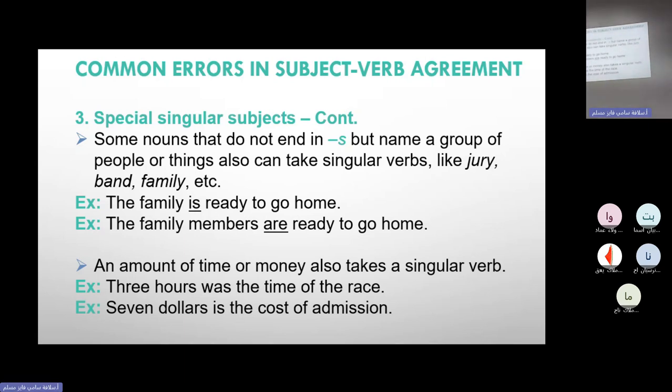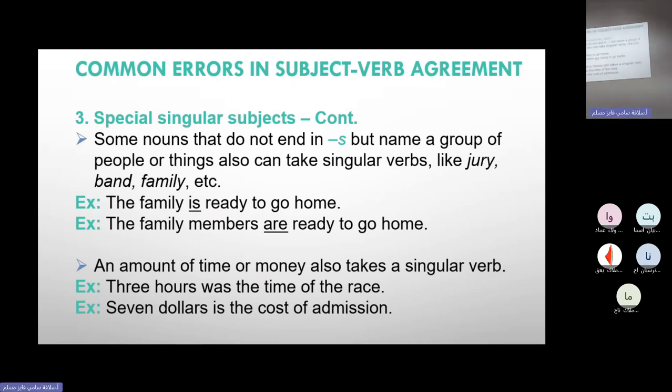They can be either singular or plural, depending on where you put it in the sentence and what comes after or before it. Okay? So, Wala, can you read them, please? The examples. The family is ready to go home. The family members are ready to go home.